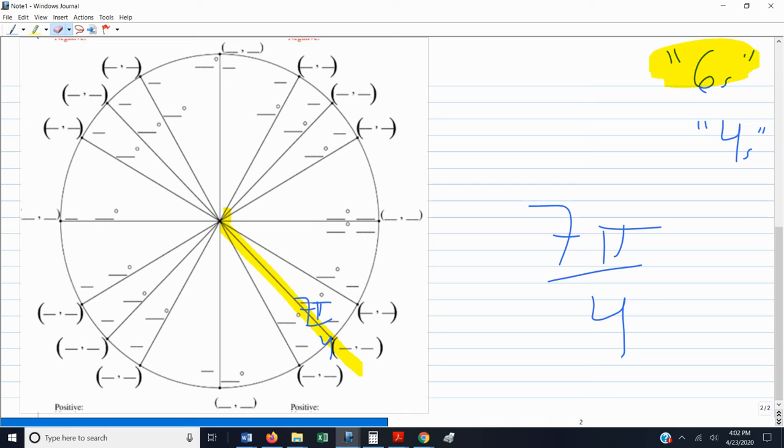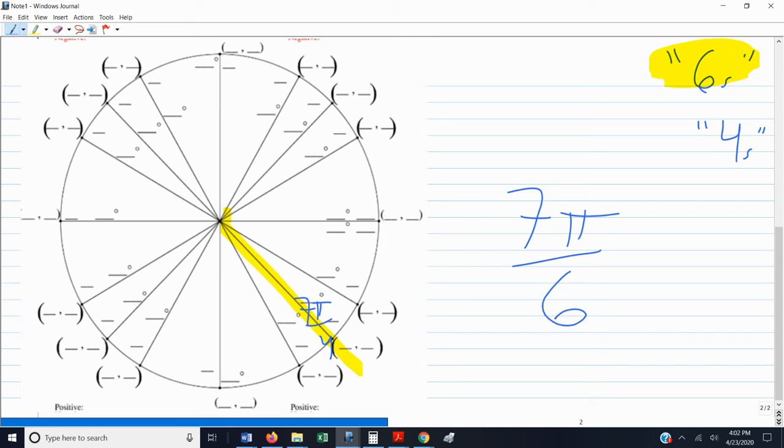All right, I'm going to show you 2 more. The next one we'll look at is 7 pi over 6. So let me ask you, is that going to be a middle branch or not? It is not a middle branch because we have a denominator of 6. We also know going around the circle by 6s gives us that denominator of 6.